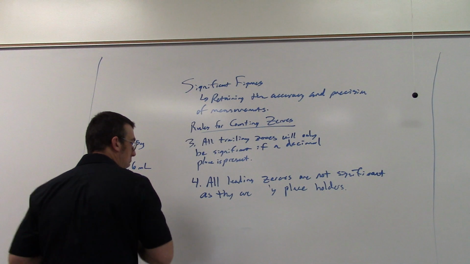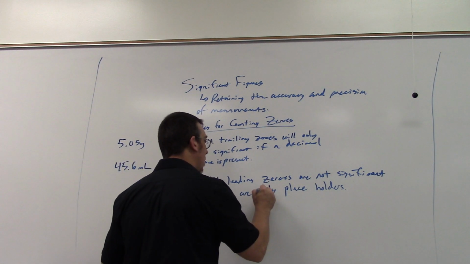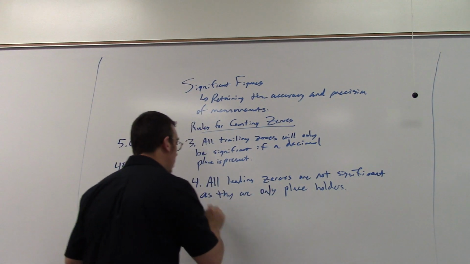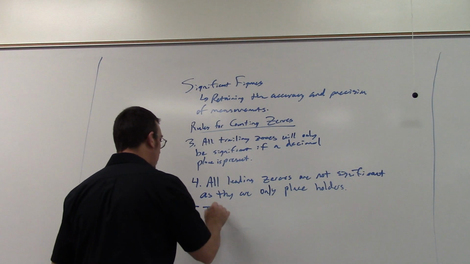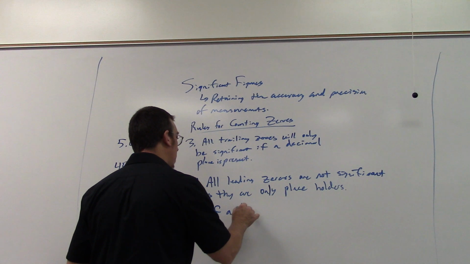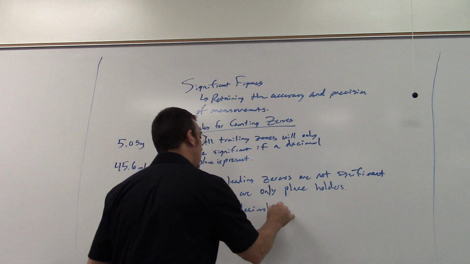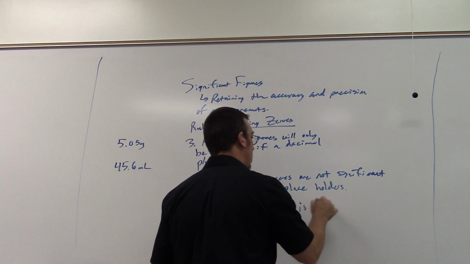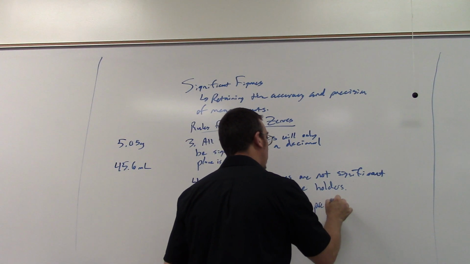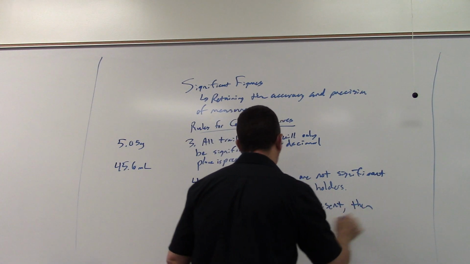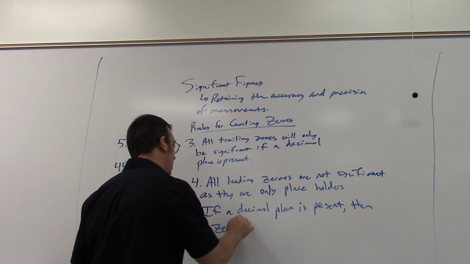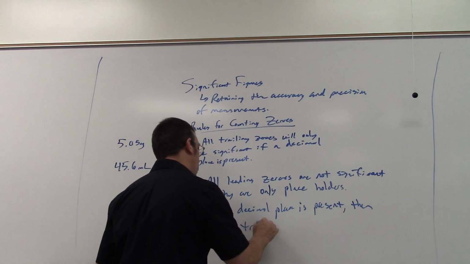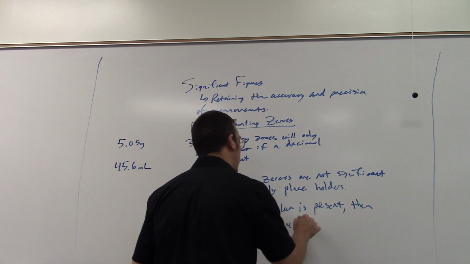And then the 5th rule, and I'm just putting all these out at one time because we're going to apply them in just a second. So the 5th rule is that if a decimal place is present, then all trailing zeros are significant.